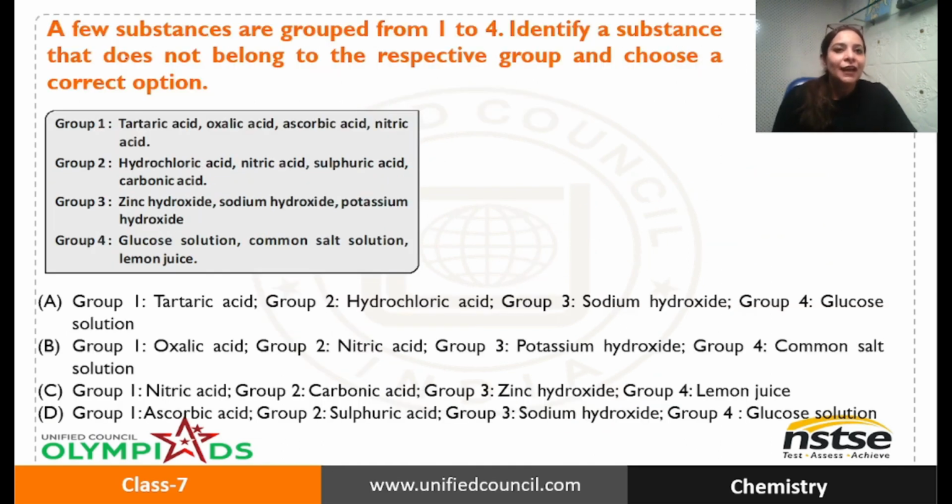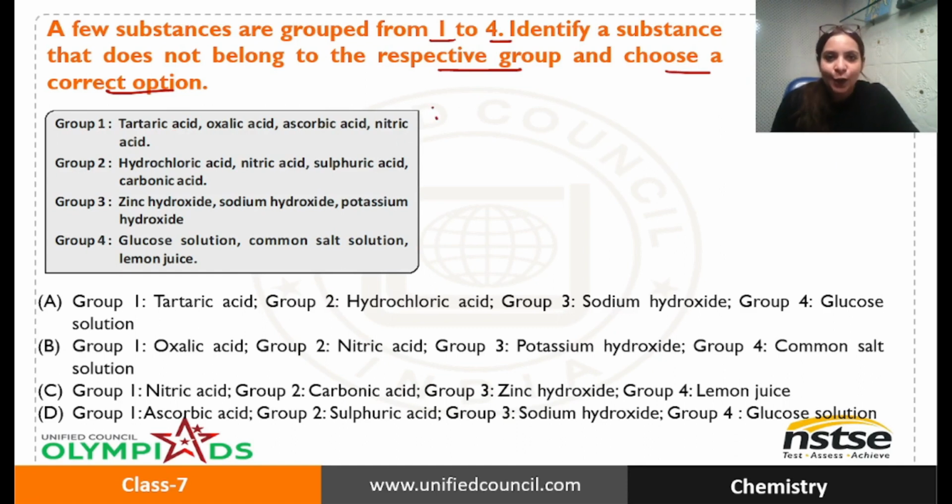Next question. A few substances are grouped from 1 to 4. Identify a substance that does not belong to the respective group, and we need to choose the correct option. So here we have 4 groups. Group 1, you have certain substances. Group 2, 3, 4. We need to pick the odd one out. Okay, let's see on what basis we can pick it. Group 1 contains tartaric acid, oxalic acid, ascorbic acid, nitric acid.